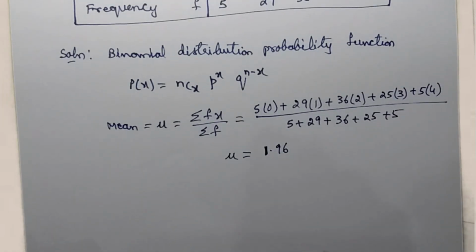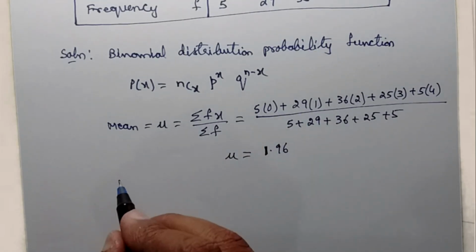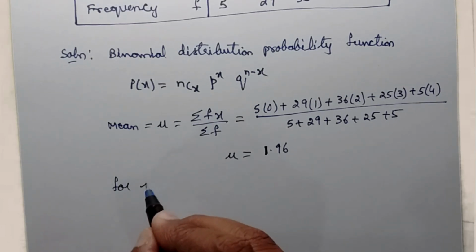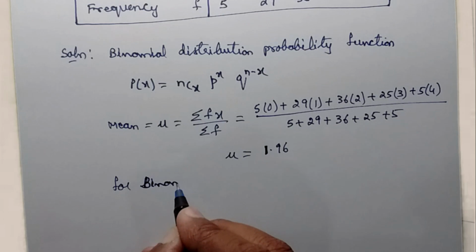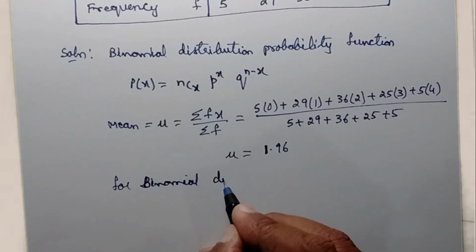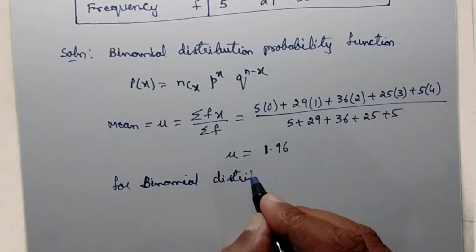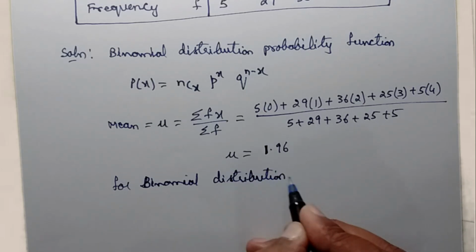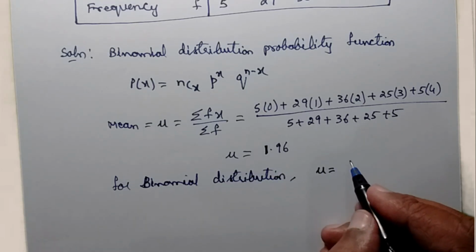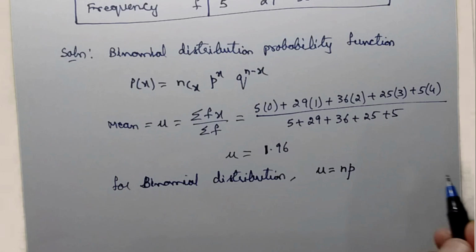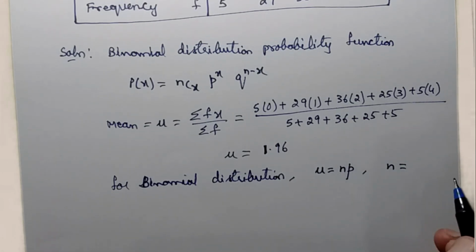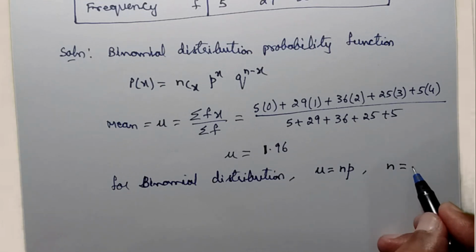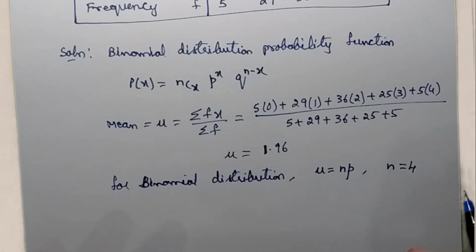But what I require are the values of p and q. For the binomial distribution, we know the mean mu is equal to n times p. So here, what is the value of n? How many coins are there? 4 coins are there, therefore the value of n is 4.